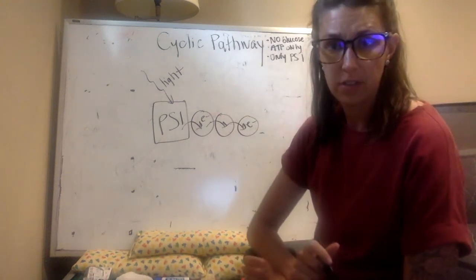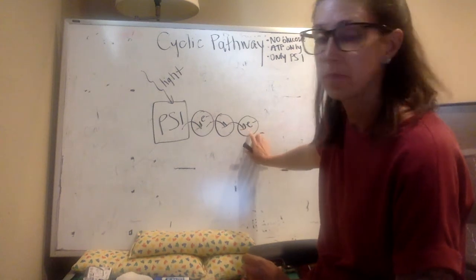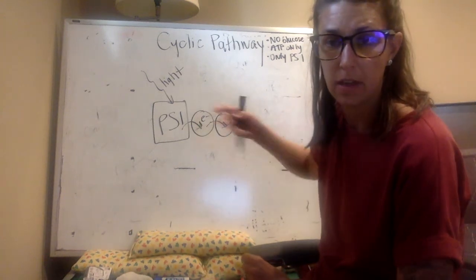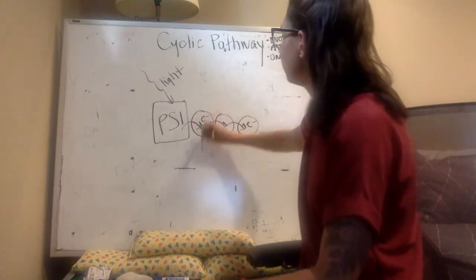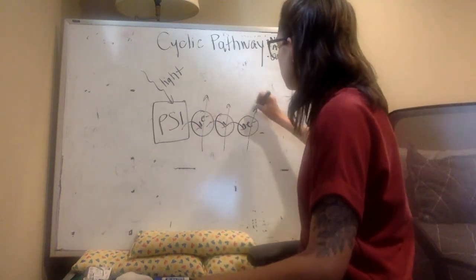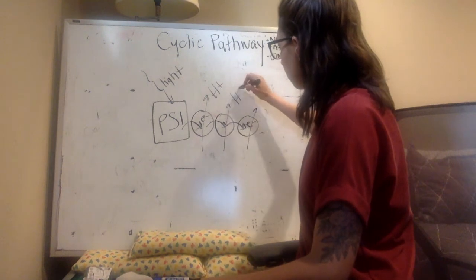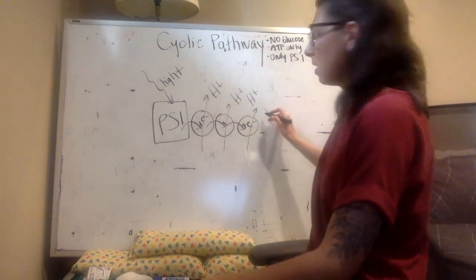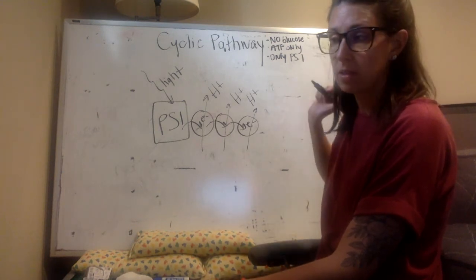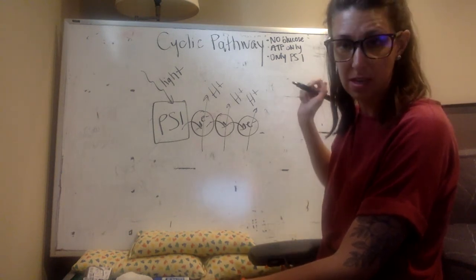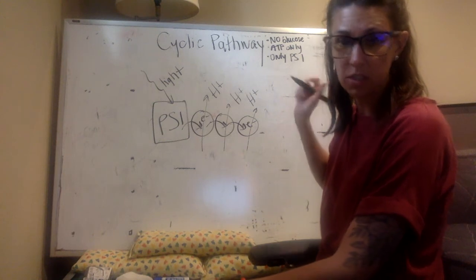After this, this is going to power the active transport of the hydrogen ions to make your ion gradient. And these will run through ATP synthase to produce ATP by photophosphorylation.